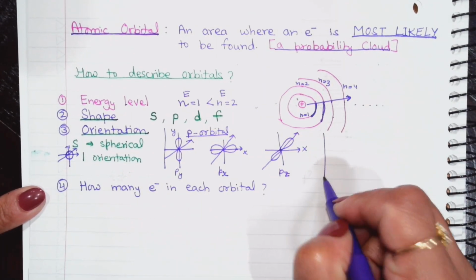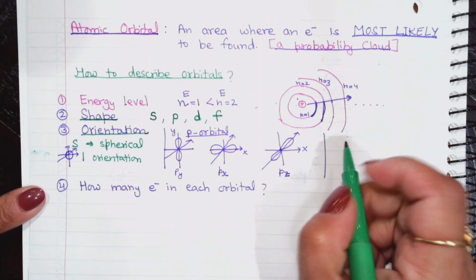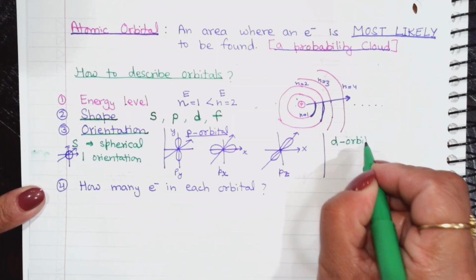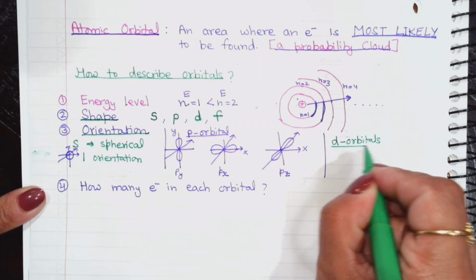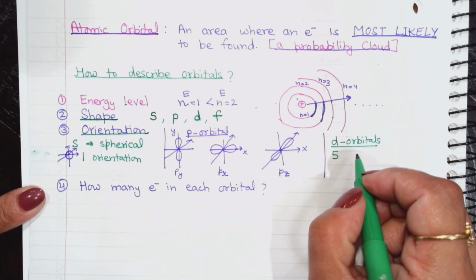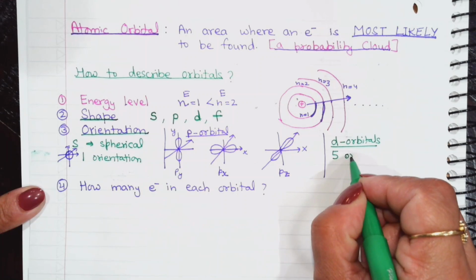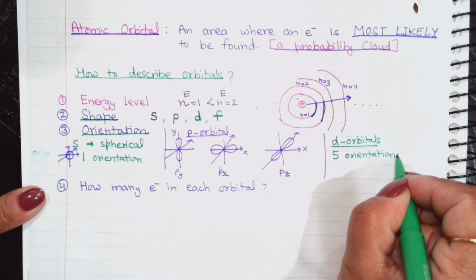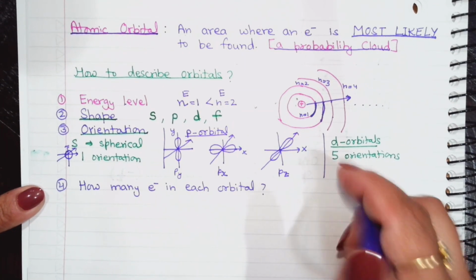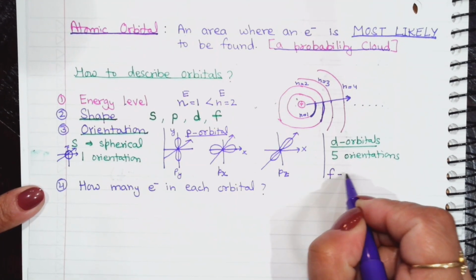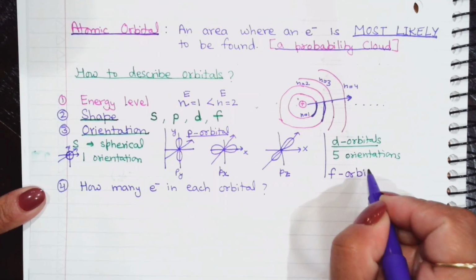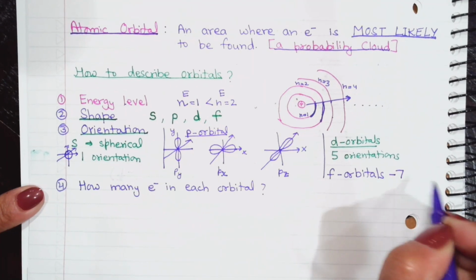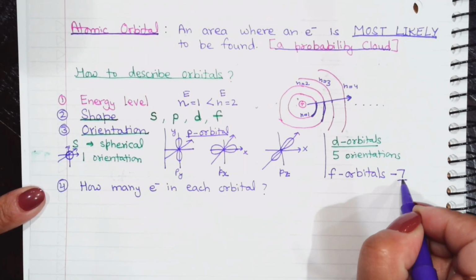Similarly, d orbitals have 5 orientations, five different possible orientations. And f orbitals have 7 possible orientations, right?